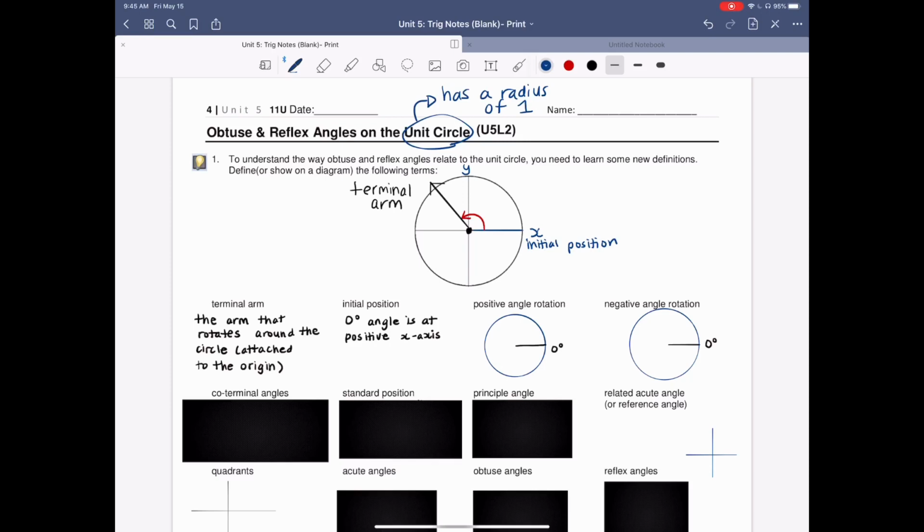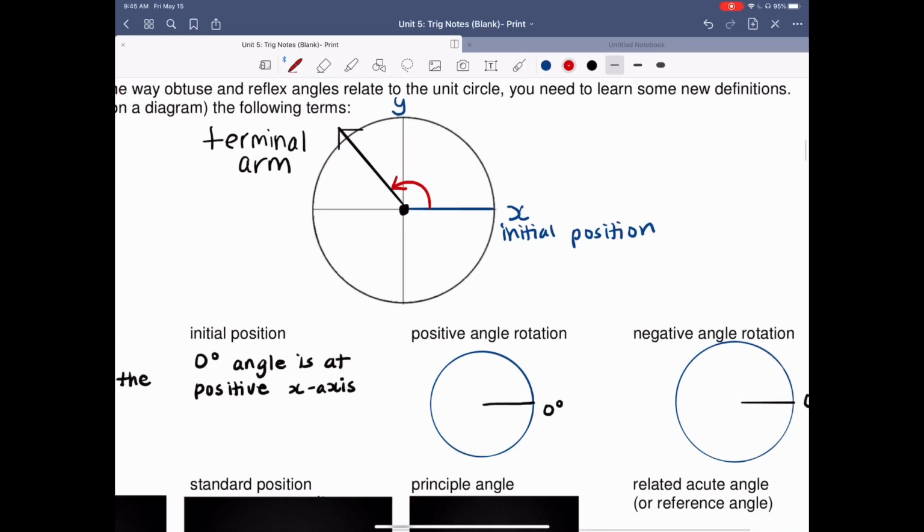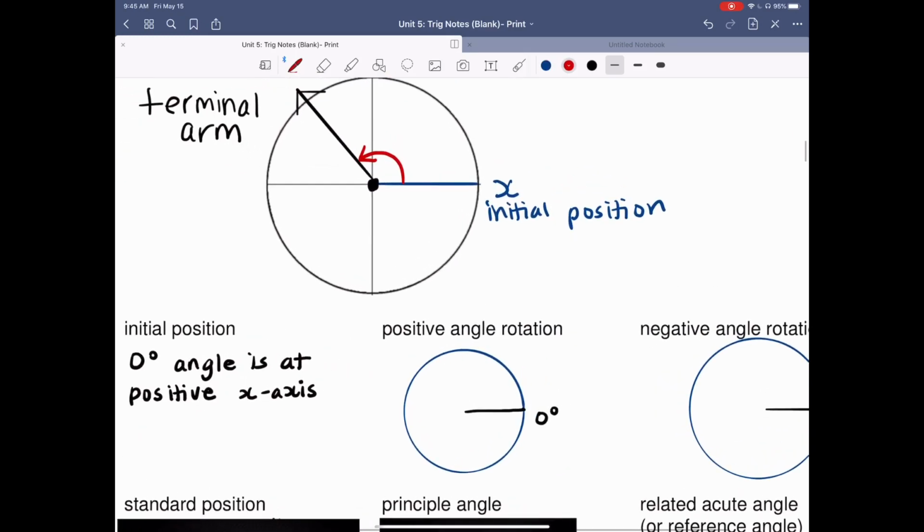Next, let's go through it. Because I have some prior trig understanding, I automatically went counterclockwise from the initial position, and that might not have made sense to you. When we're dealing with trig, going counterclockwise is the positive angle of rotation.